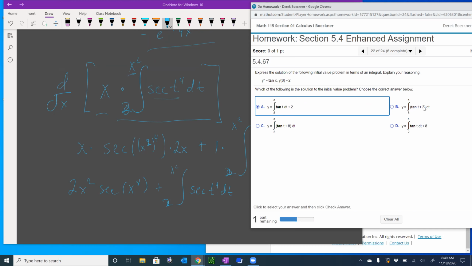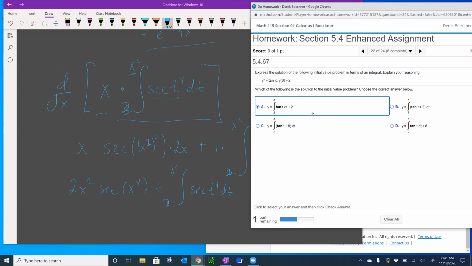I was a little confused, but the 2's inside the integral there. I don't want the 2 inside the integral. Okay, so the reason here, when I plug in x equals 8, I want to get 2 out. Are we good with that? Okay, so if I change the top bound to 8, from 8 to 8, I don't do anything. So the area from 8 to 8 of the tangent function is going to be 0. But I want the entire function to be equal to 2, so I add the 2 at the end.